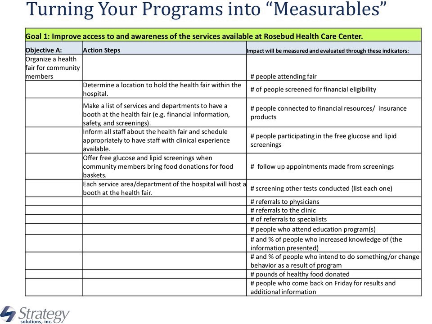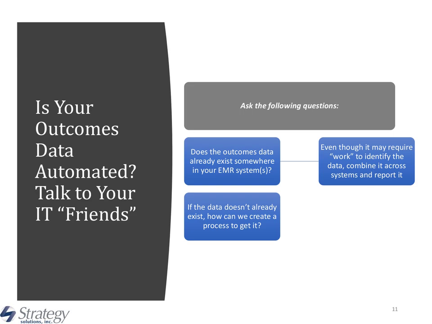You can use a few of them, but you want to take your implementation strategies, look at your outcomes and impact, and then figure out what items you actually want to measure, whether it's not only the number of people, but the number and percentage that follow up, referrals to physicians, referrals to a specialist, people who attend, increased knowledge. Okay, so those are the indicators.